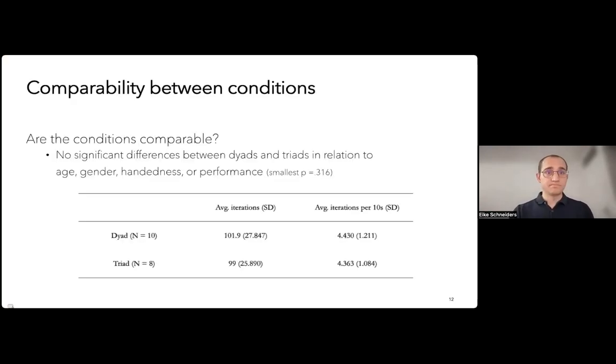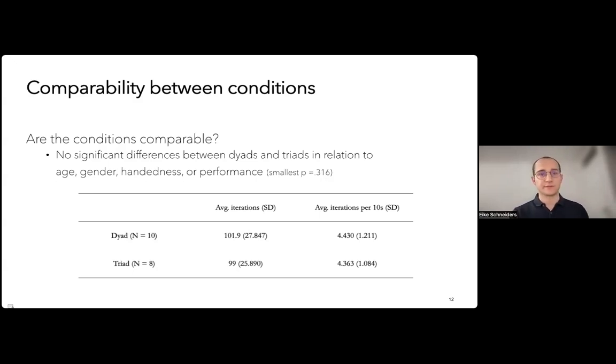All right. So following the data collection, as you've just seen with 10 dyads and 10 triads, the first step was to investigate if we had any differences between configurations in relation to our random allocation of participants into dyads and triads. So did we have significant differences between demographic distribution or task performance?